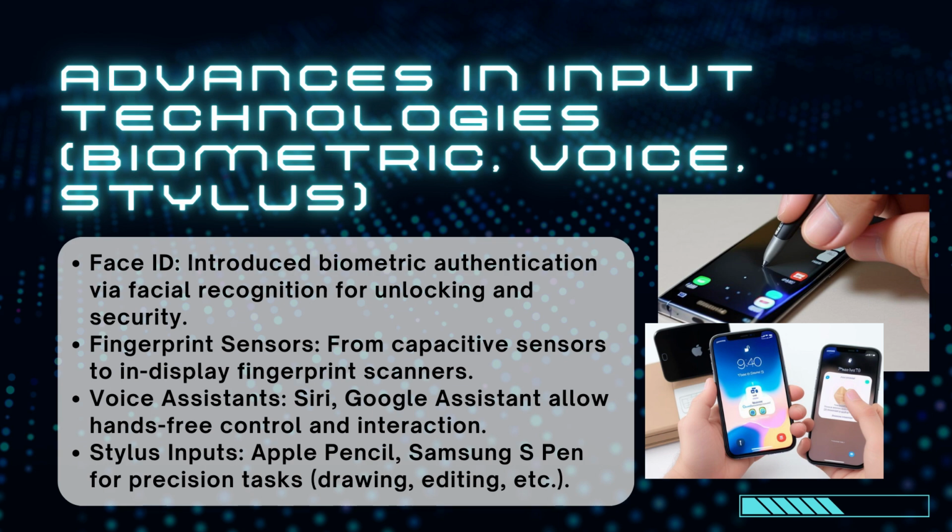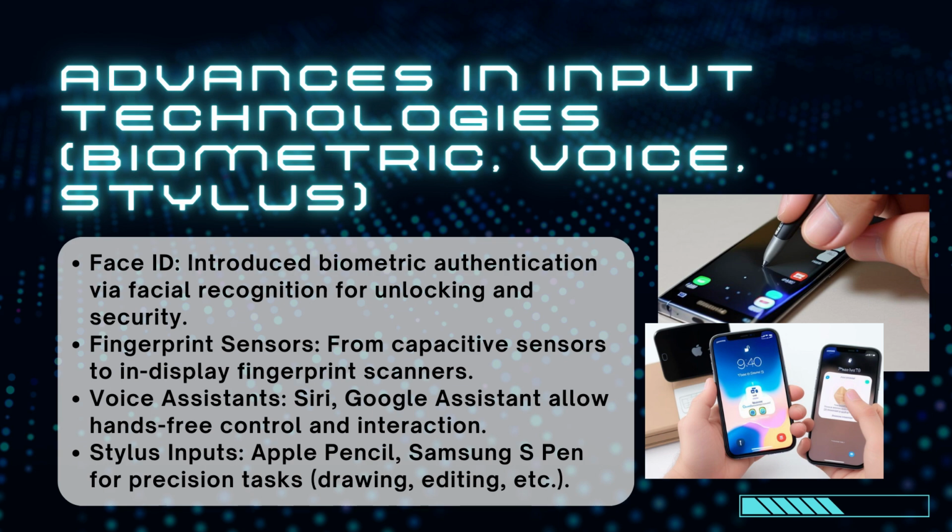As we moved into the 2010s, mobile devices started becoming even more advanced with biometric authentication. Devices like the iPhone X introduced Face ID, enabling you to unlock your phone simply by looking at it using facial recognition.